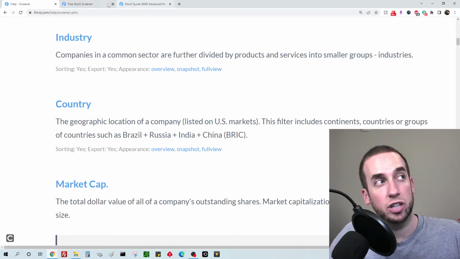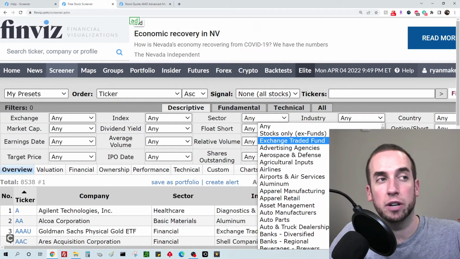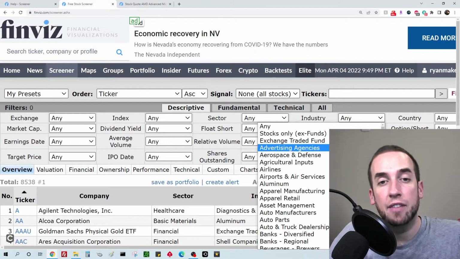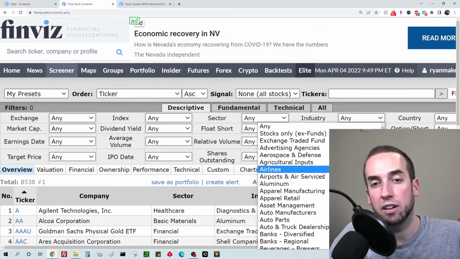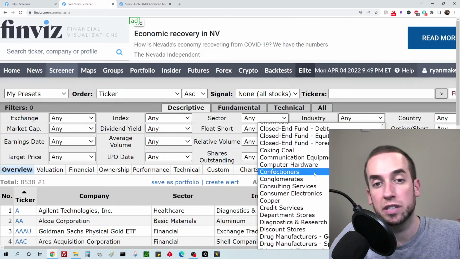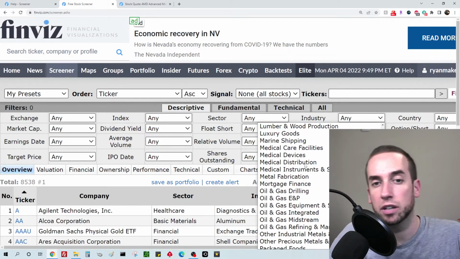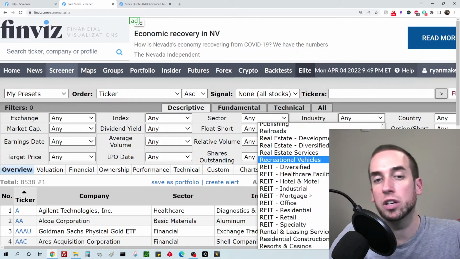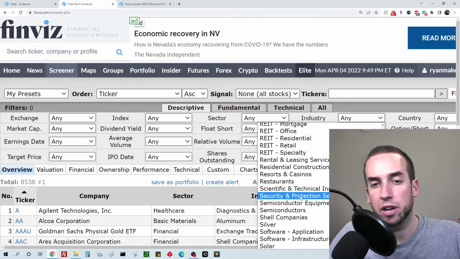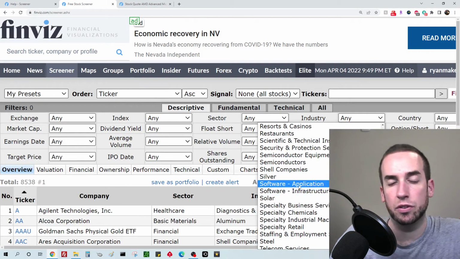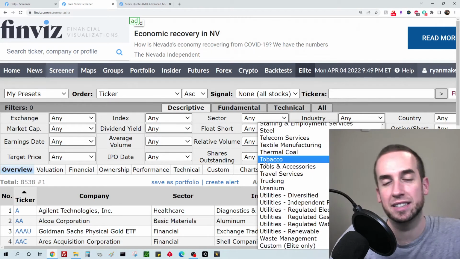So that is sector. Industry are companies in a common sector are further divided by products and services into smaller groups, dash industries. So going over to industry, we have exchange traded funds, which are ETFs, advertising agencies, aerospace and defense, agriculture inputs, airlines, airports and air services, so on and so forth, insurance, leisure, lodging, luxury goods, publishing, railroads, REITs, security and protection services, semiconductors, silver, software, solar, steel, trucking, uranium, utilities.